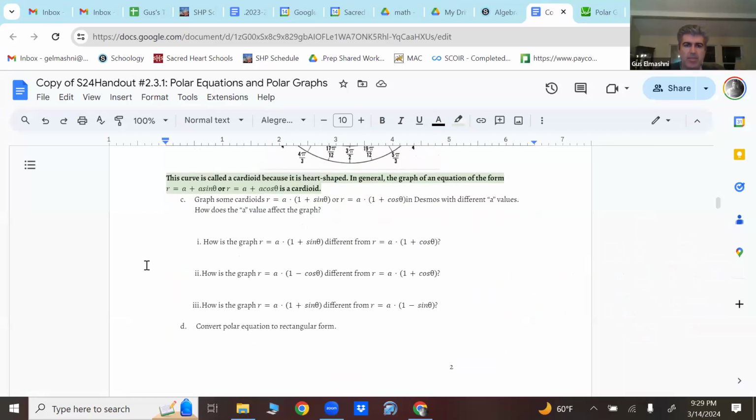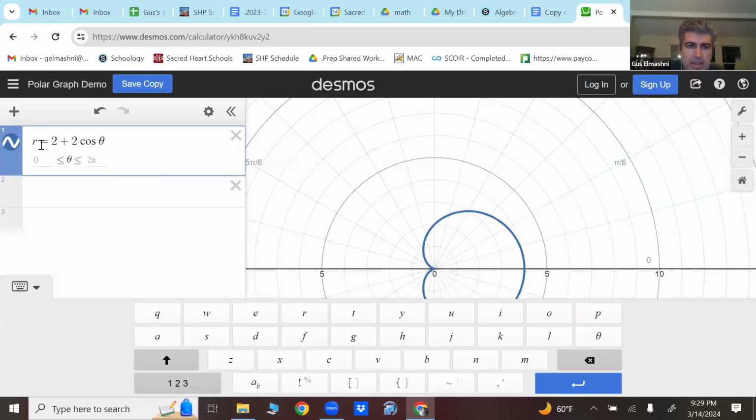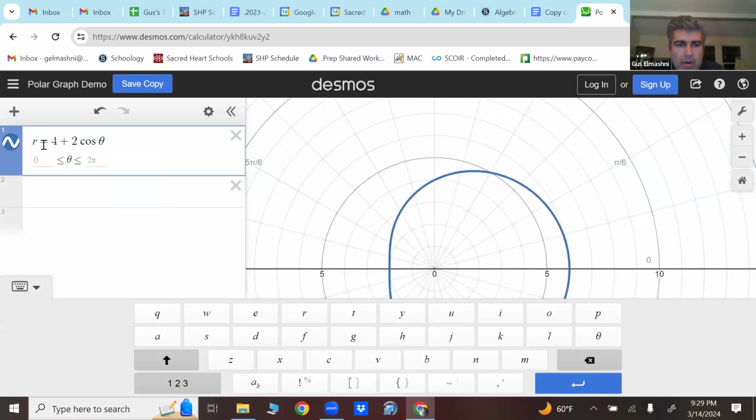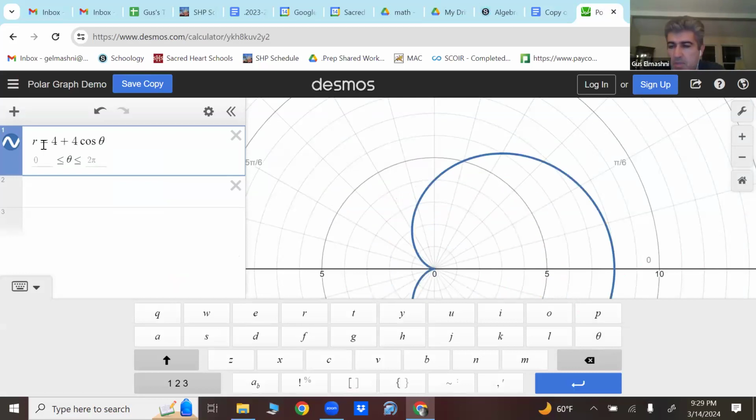And how does the value of a affect the graph? Well, I think it just gets bigger. Like if I change it to 4 and 4, it just gets bigger. And notice how this right here is actually 8, because 4 and 4 is 8.